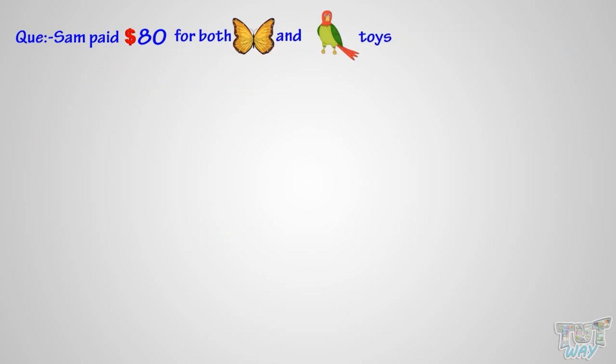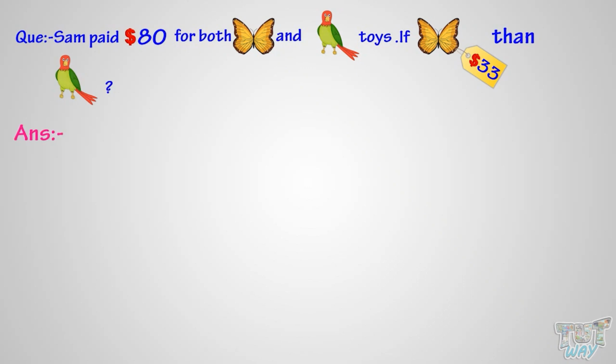Sam paid $80 for both these toys. If Butterfly alone costs $33, then what is the cost of the toy parrot? Let's find it out. Money paid for both is $80.